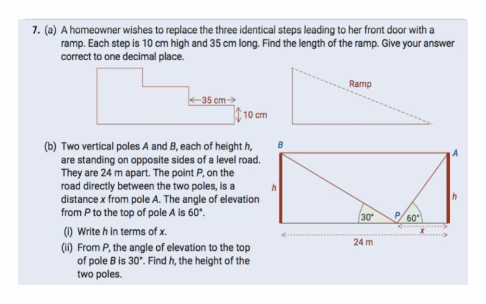Question 7 goes into a homeowner wanting to replace 3 identical steps leading to her front door, and each step is 10 centimeters high. And we can see the base here will be 35 by 3, which is 105. We have 3 35s going this way.